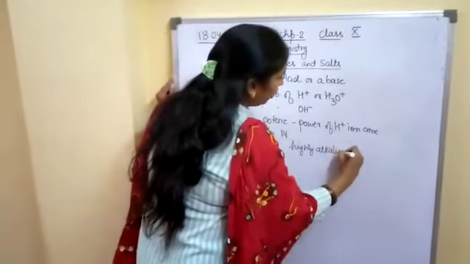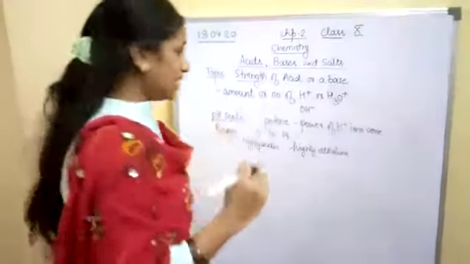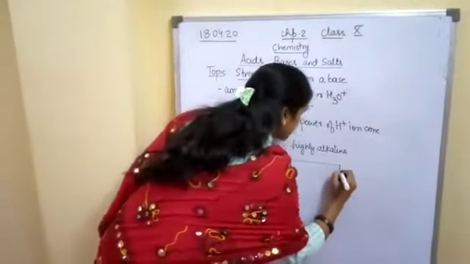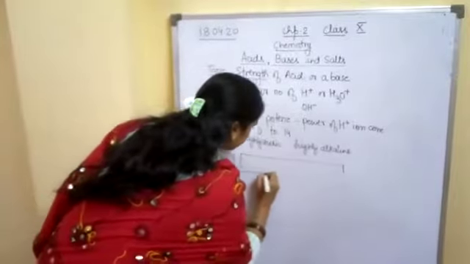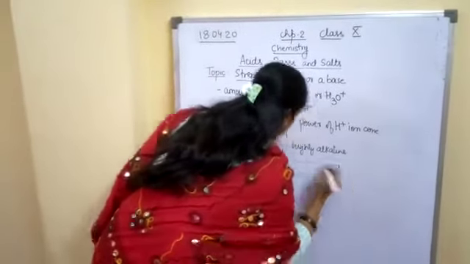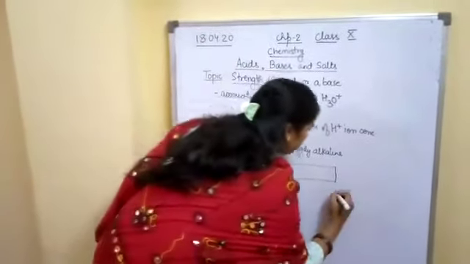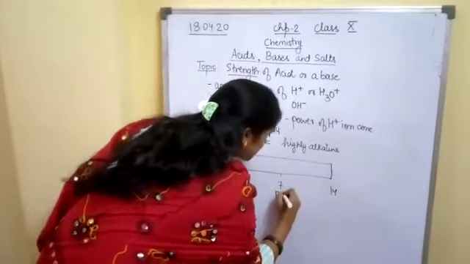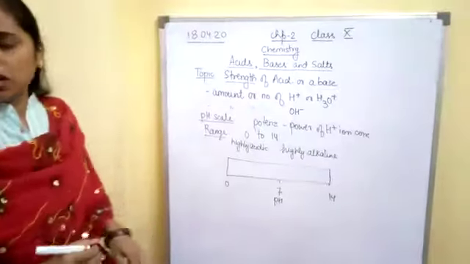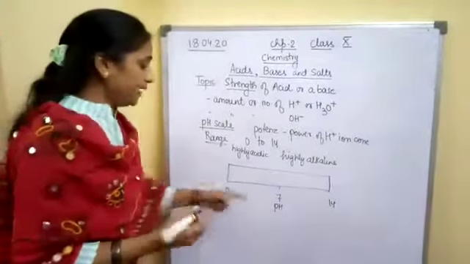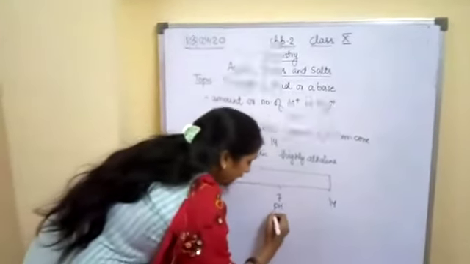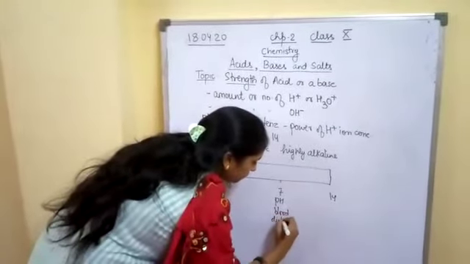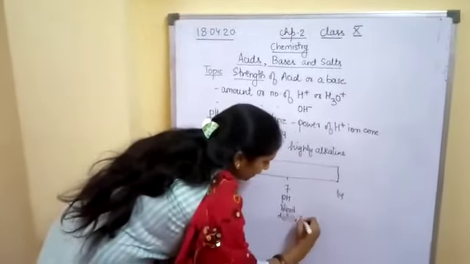If we draw it schematically, it will be like this, from 0 to 14, and in between is pH 7, that is the neutral pH. Blood is neutral, and for distilled water the pH will be 7.